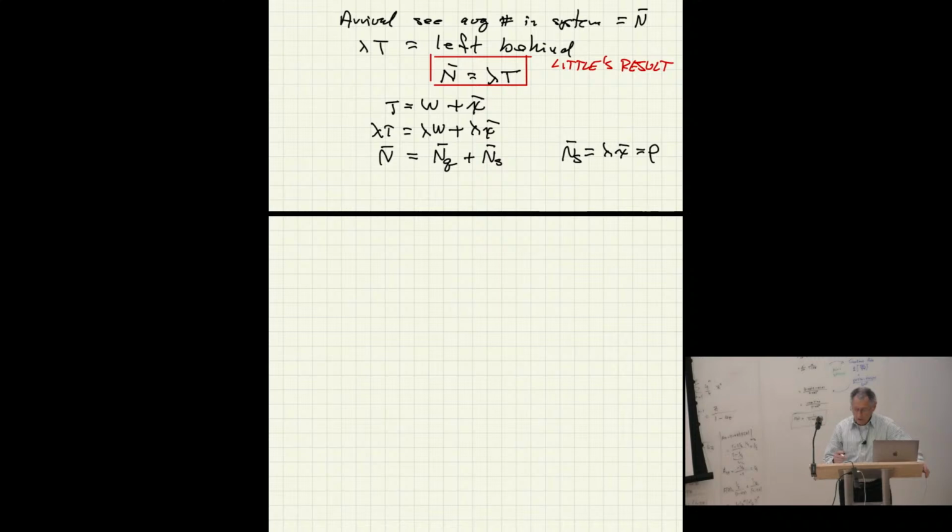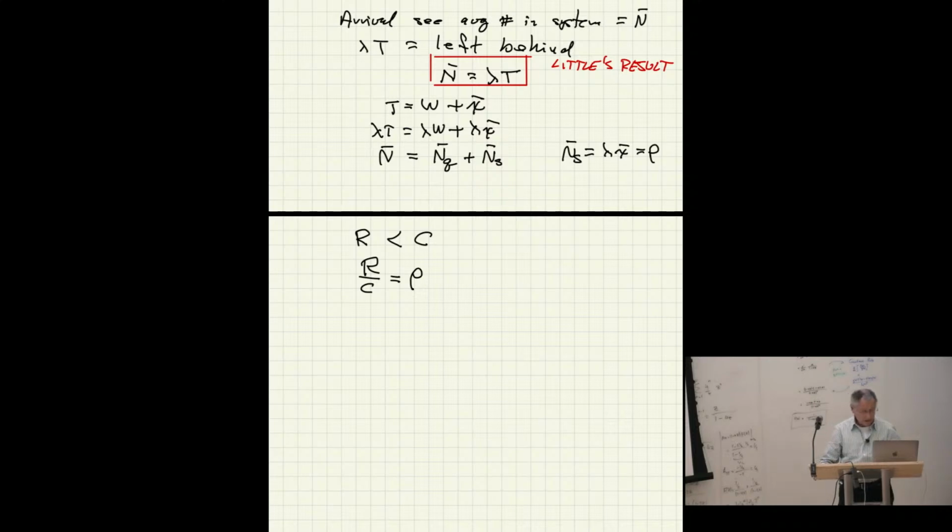Now, if you recall, we earlier talked on one of the first days that the rate of input to the system should be less than the capacity of the system to do work. In this case, R over C should be less than 1, but R over C is just rho.